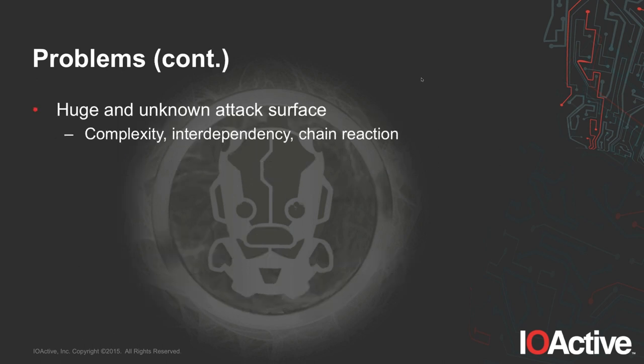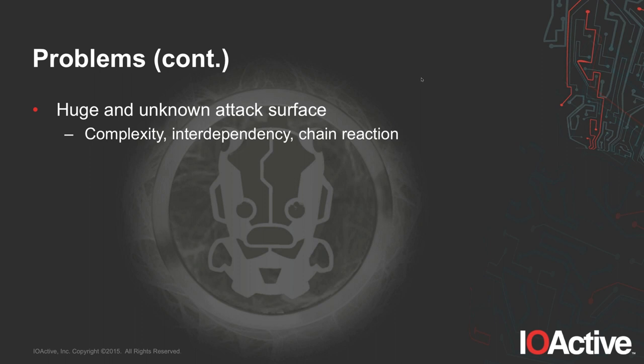Another problem is that, imagine a city is like a big corporation. A lot of systems, a lot of devices, very complex. So there is a really huge and always kind of unknown attack surface because they don't have enough resources, so they don't really know how the whole system works, all the systems they have, and how they interconnect with each other.